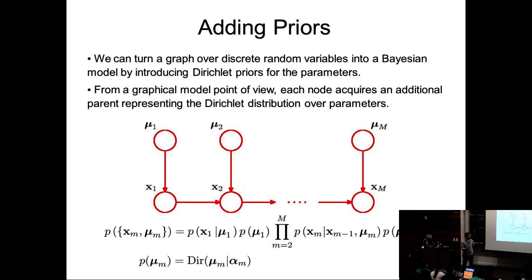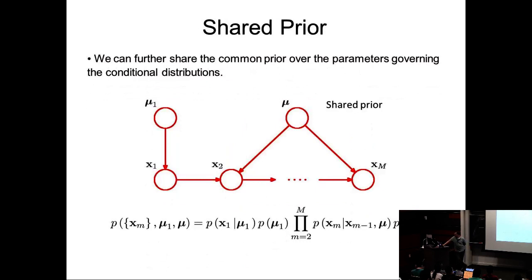In many cases, there's a lot of work that looks at HMMs and attempts to put priors that induce sparsity or anything of that sort, right? So in this case, the prior over mu could be Dirichlet because your mu's have to lie in the simplex, because typically they have to sum up to 1 if you're modeling multinomial variables. You can also do things like sharing the prior.